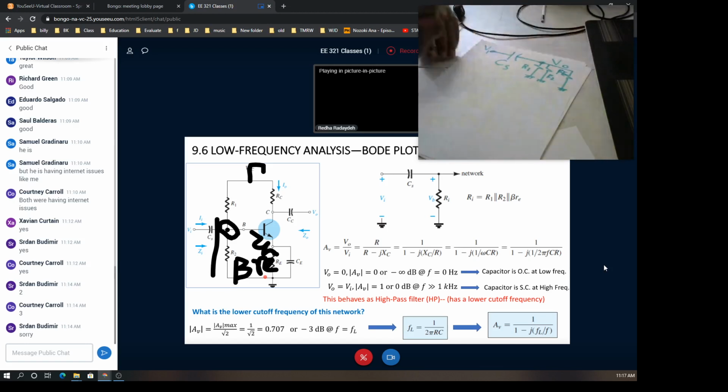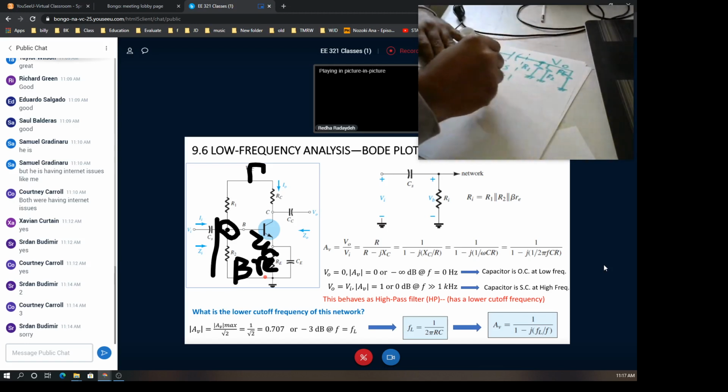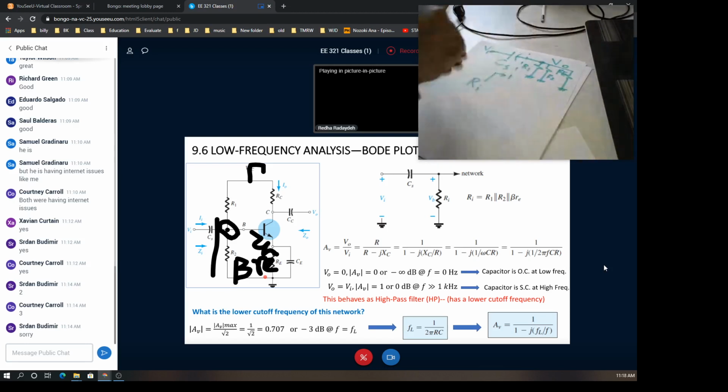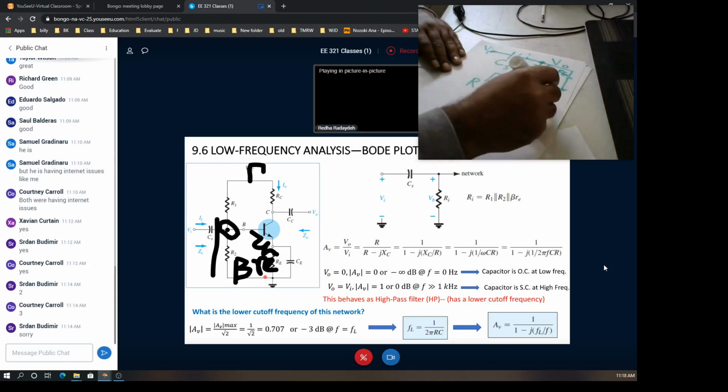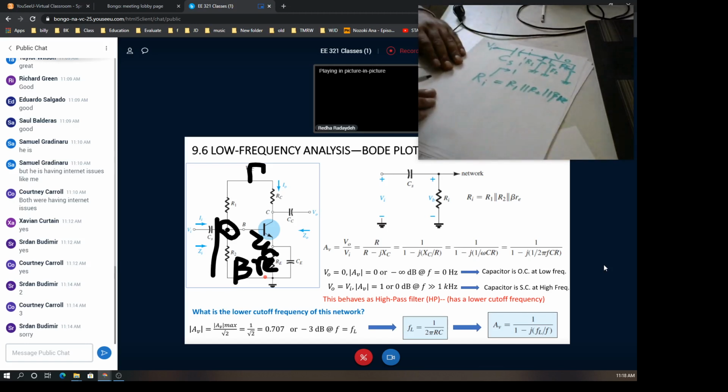Now looking from this side, the input resistor of the amplifier, what we see to the right of this capacitor, R input, is the parallel combination of R1 with R2 with beta Re. Now the circuit could be simplified into this form.